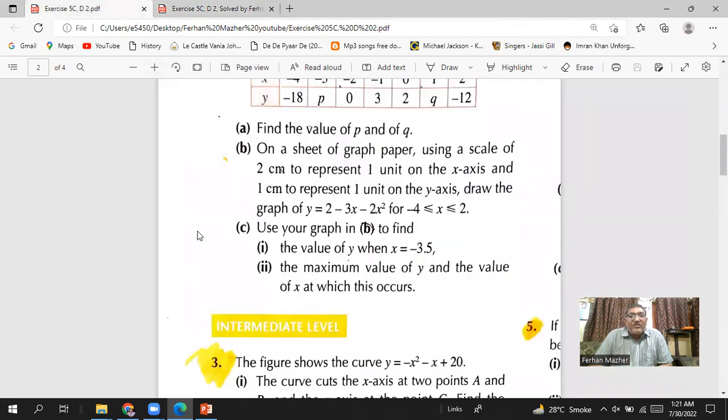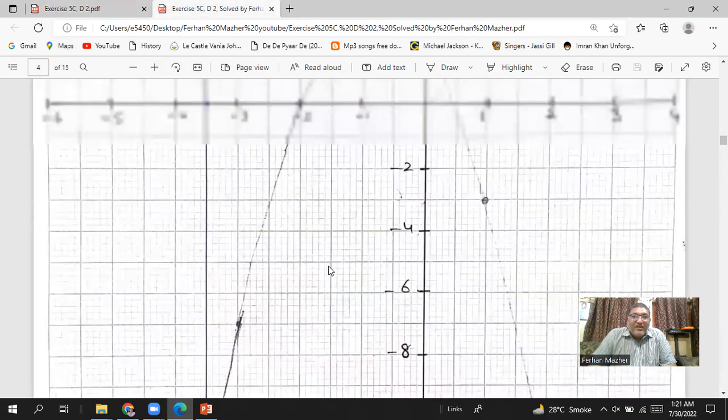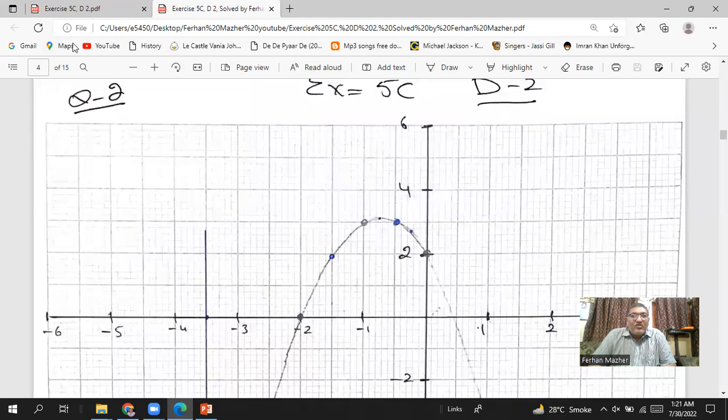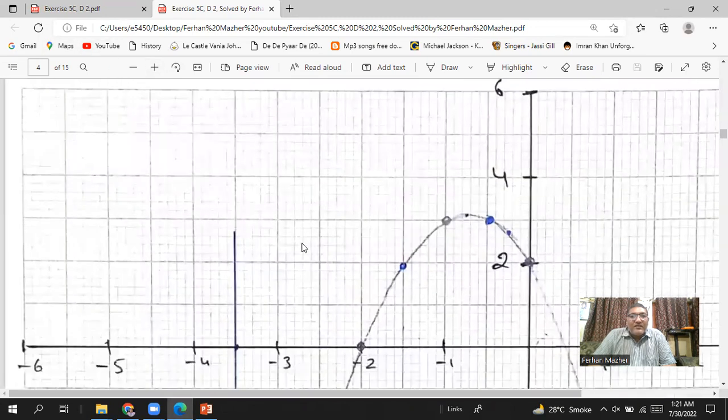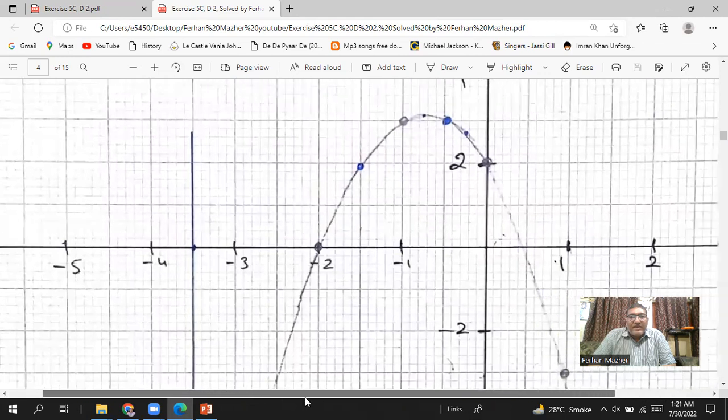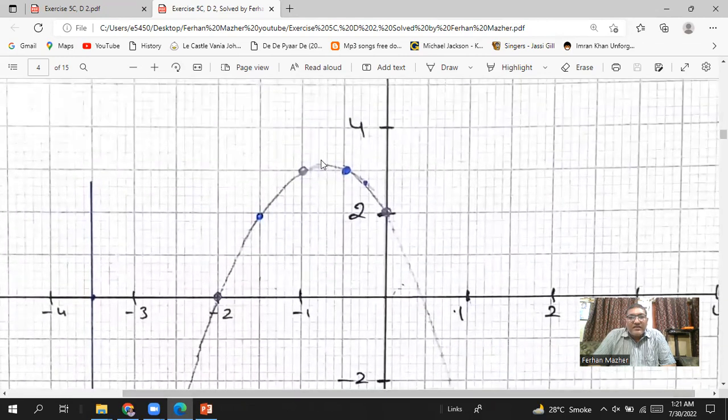Okay, what is the next question? They want you to find the maximum value of y and the value of x at which this occurs. So what is the maximum value of y? You can see here, it's 3 point something, and this happens at minus 0.75.